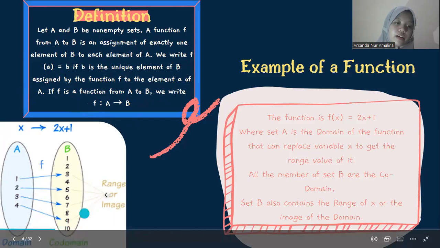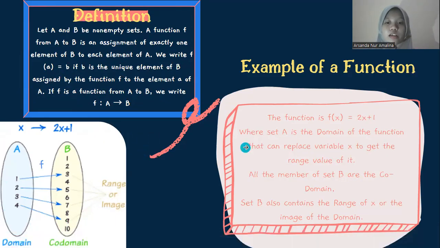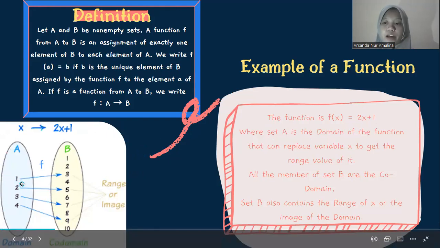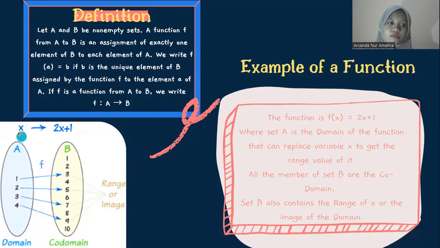And here is one example of a function. The function is f of x equal to 2x plus 1, where set A is the domain of the function, which can replace the variable x in order to get the range value.